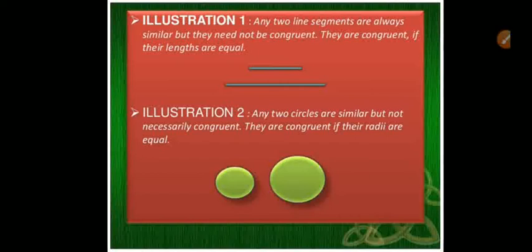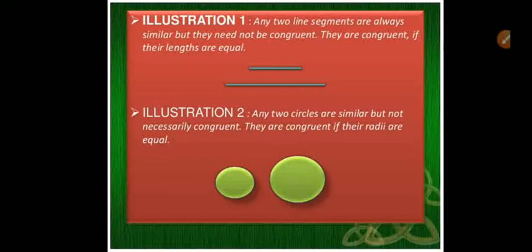Now, if you consider any two line segments, the shape is the same, so any two line segments are always similar. Length is different, but the look of the line segments is always the same, and that's why they are similar figures.